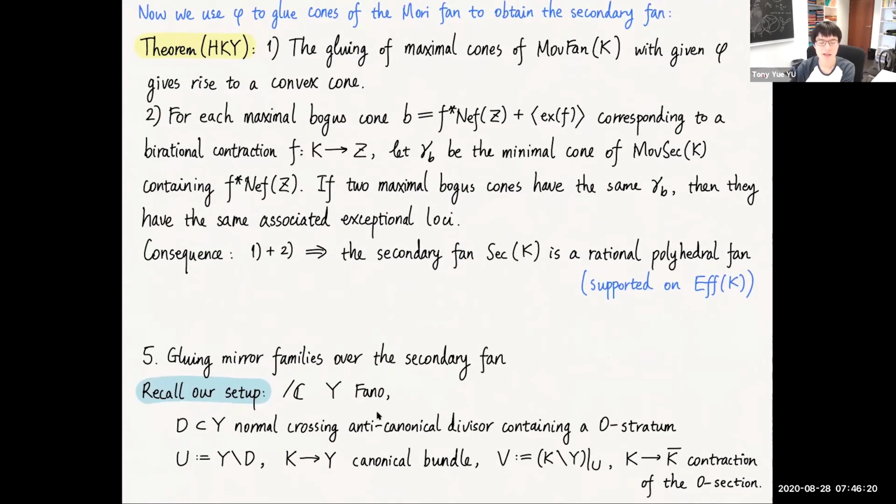We have some final variety Y and some normal crossing anticanonical divisor containing a zero stratum D. We have the interior log Calabi-Yau U, K to Y, a canonical bundle of Y, and we have another log Calabi-Yau V, which is just K minus Y restricted to U. And we have the contraction K to K bar of the zero section. This was our setup.